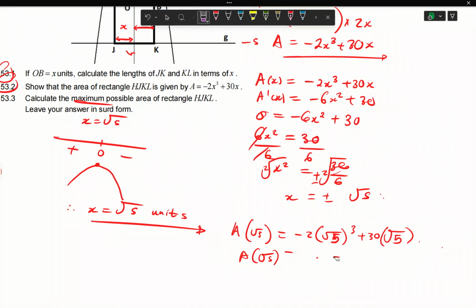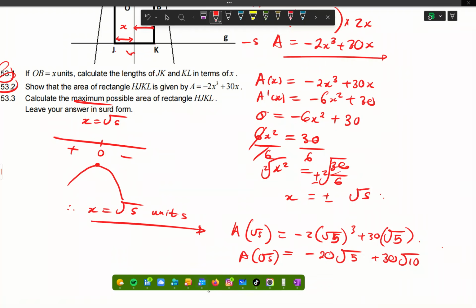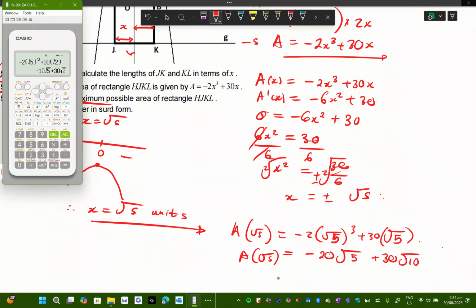Let me erase this. This is negative what was that? 20 square root of what? I think I saw 5 there, plus 80. I think I saw 10 there. Let me see. Even 2.